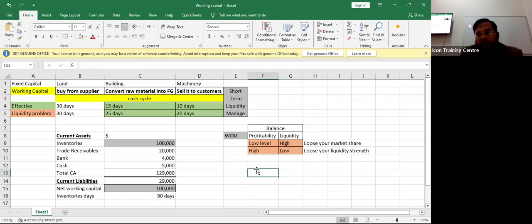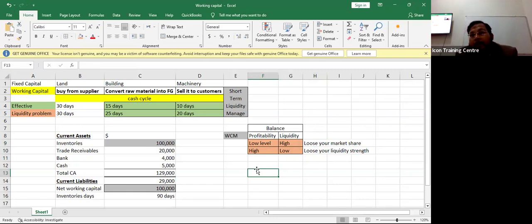If you have some question, please ask. Another scenario, sir. Raw material, we can convert it to finished goods in a short period of time. But if we can't sell the product, we can keep it in the warehouse for a long period as finished goods. That also leads to this issue, right?